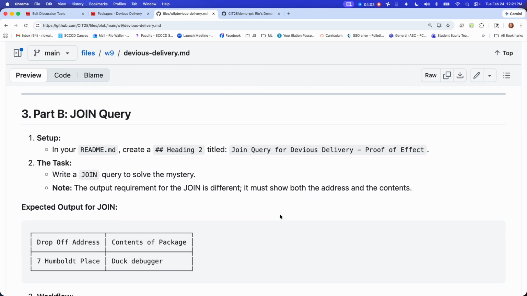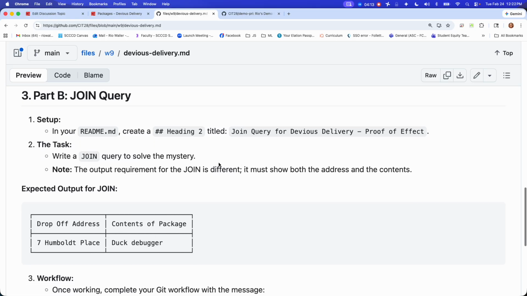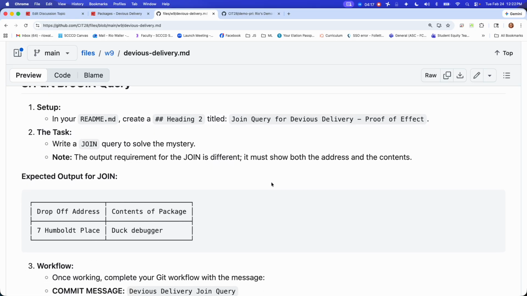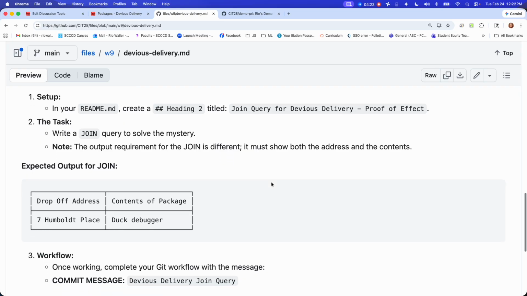Once you do that, you do the same problem, but with a join query. In your README file, you add a heading 2, join query for the dubious delivery, and then you write a join query to get it done. In this case, you can get it done without a left or right or natural or any of that. Just a straight join query will work here.